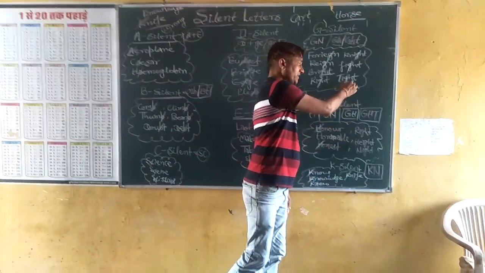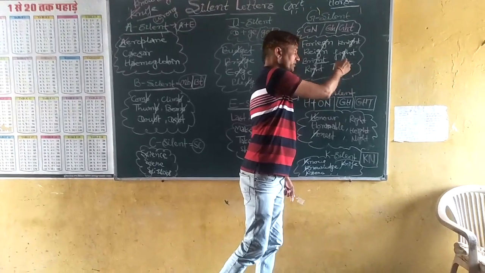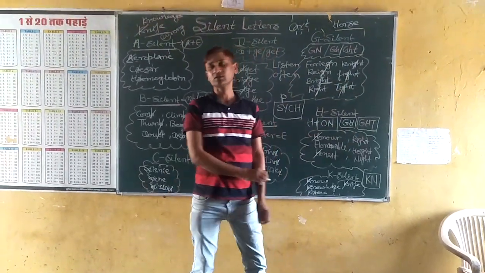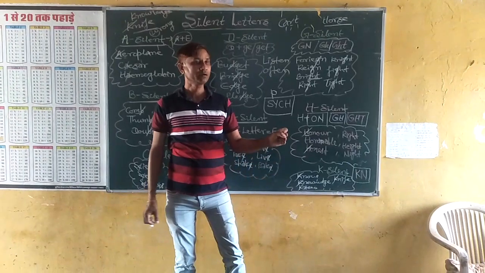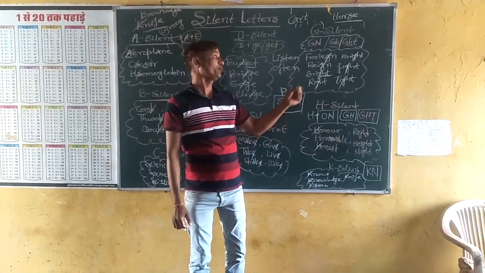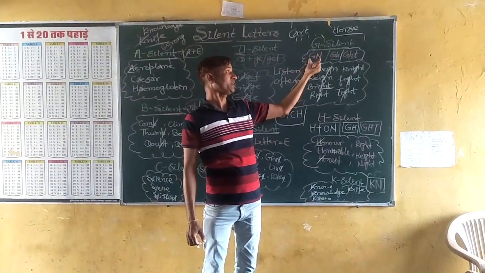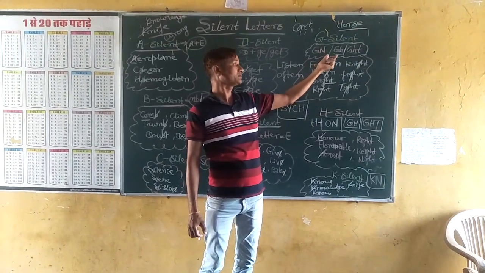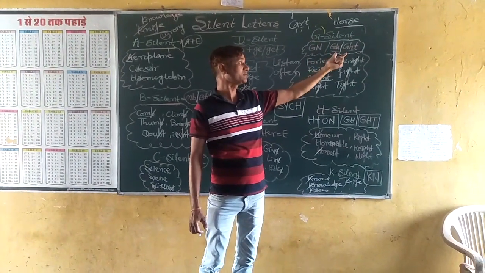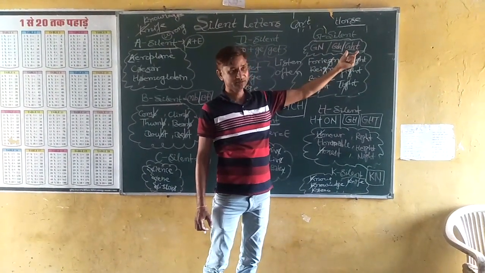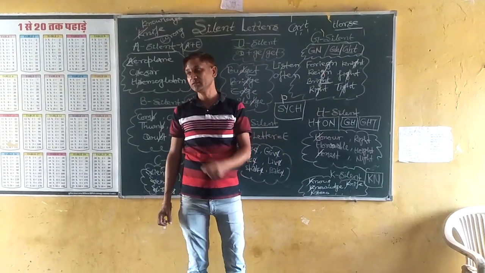The next, TIGHT, GHT, G will be silent and the pronunciation of the word will be tight. In this way, when you find letter G plus N, G plus H, G plus HT, then letter G will be silent.